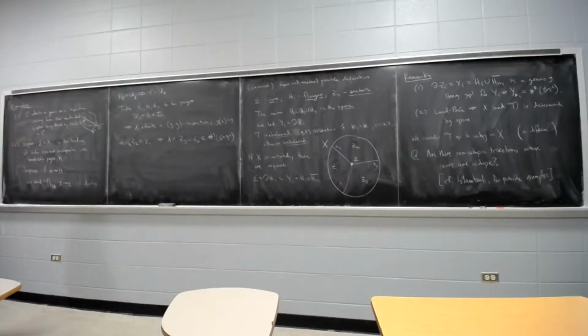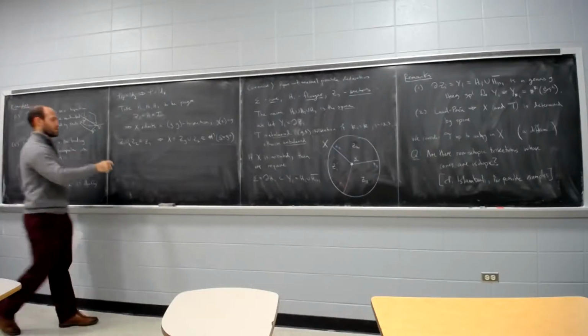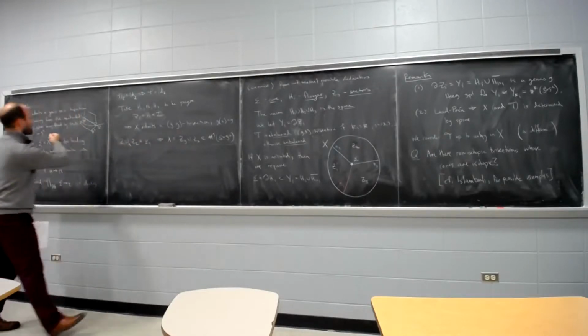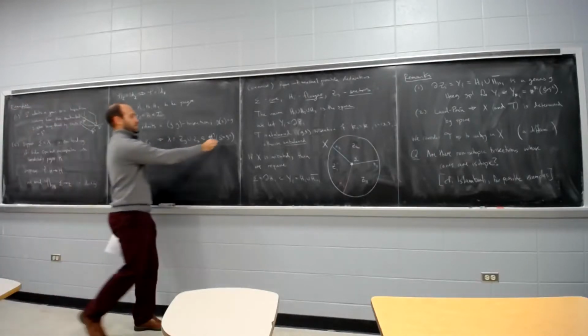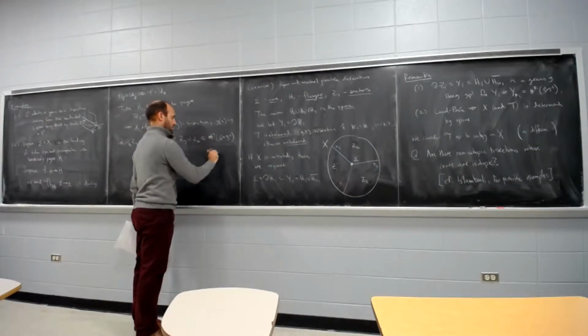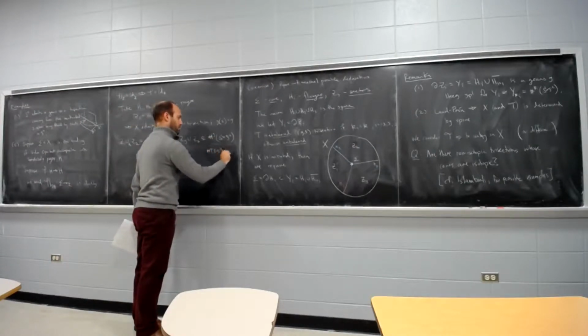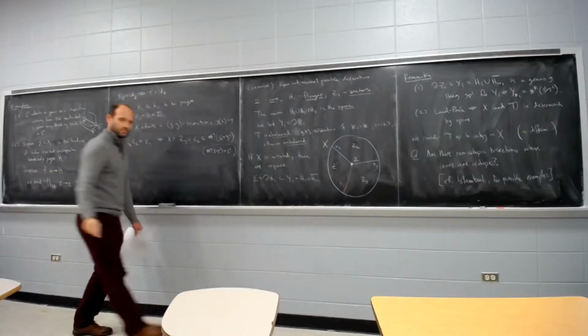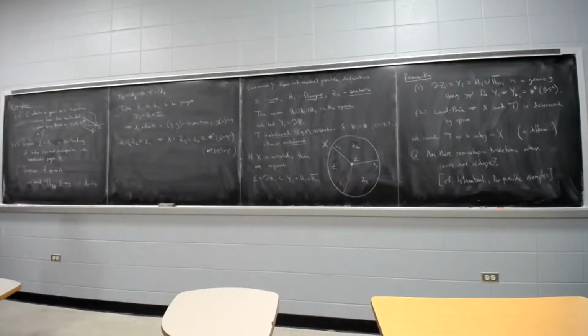So we've already classified some trisections. In particular, the only (0,0) trisection is the connect sum of zero copies of S1 cross S3, which is just S4. Cool.